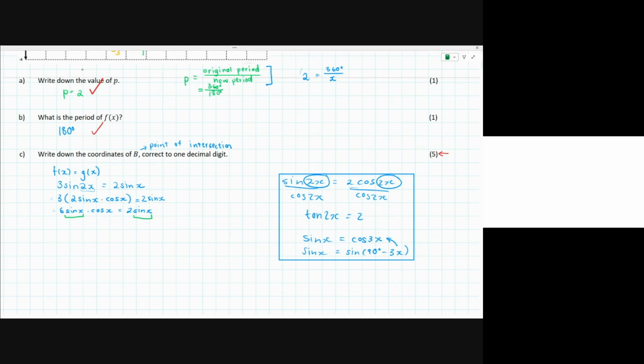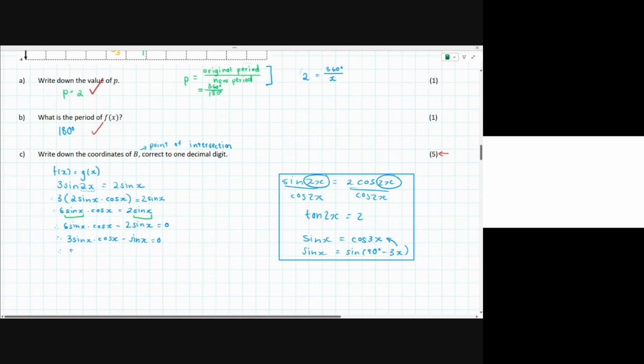So if I now go back to my factorization knowledge, if I bring that 2 sine x over and make it negative 2 sine x equals 0, I can now go and factorize. So first thing I'm going to do is I'm just going to divide everything by 2 because that's a common factor. You can take it out as a common factor as well if you want, but I've got 3 sine x cos x minus sine x.